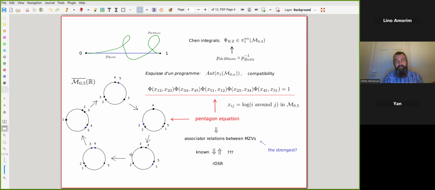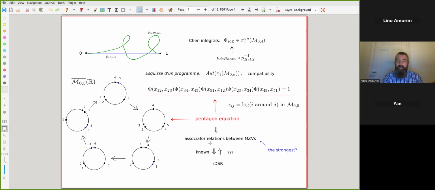So any path is in fact this. It's not the straight line, but we can correct it by this term, and this gives this equation on the associator. So there's a pentagon equation, and it gives some relations on the coefficients of the associator. And this is called the associator relations between MZVs.